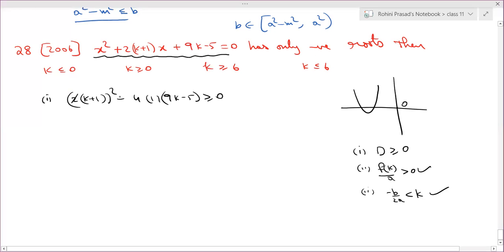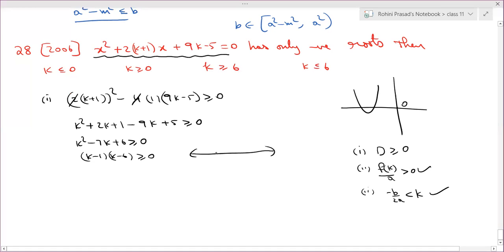If you simplify this, 4 and 4 cancel. k square plus 2k plus 1 minus 9k plus 5 is greater than or equal to 0. So k square minus 7k plus 6 greater than or equal to 0. So (k minus 1) into (k minus 6) greater than or equal to 0, with roots 1 and then 6.